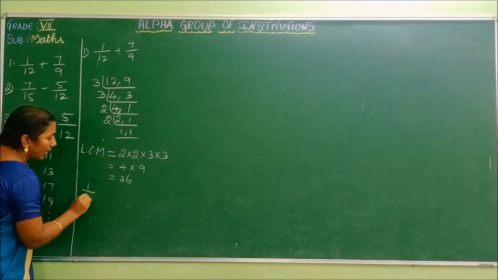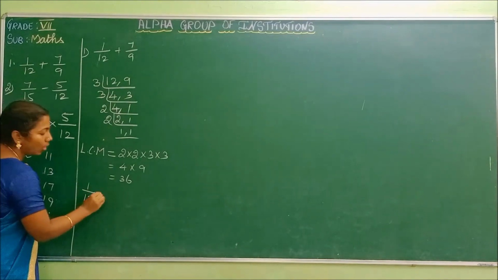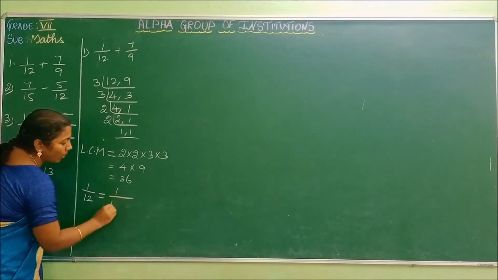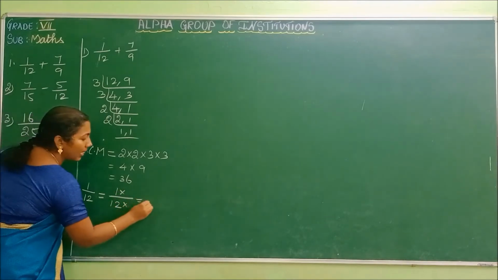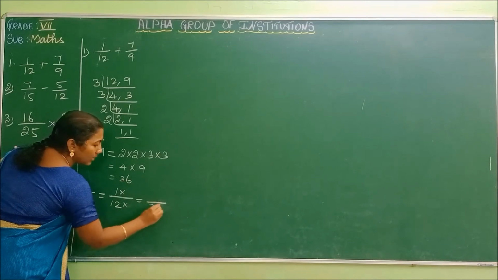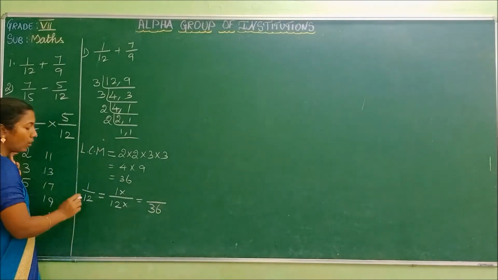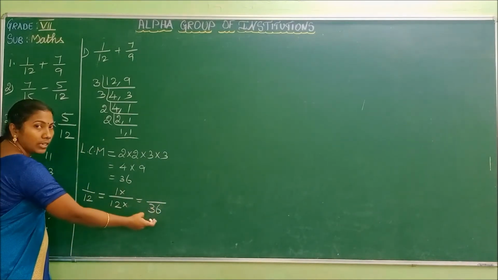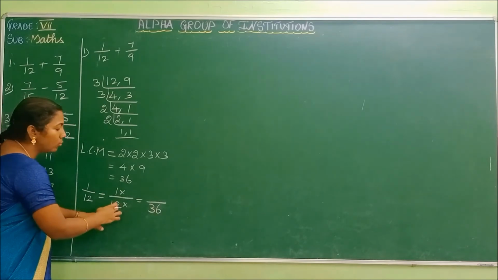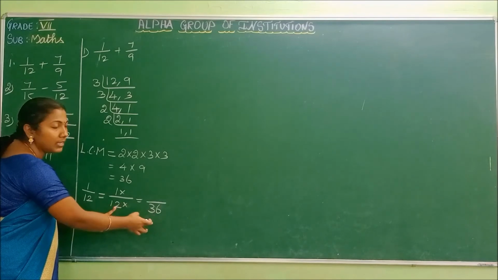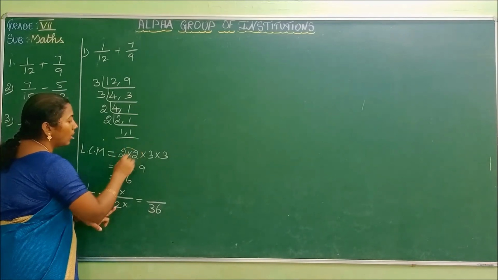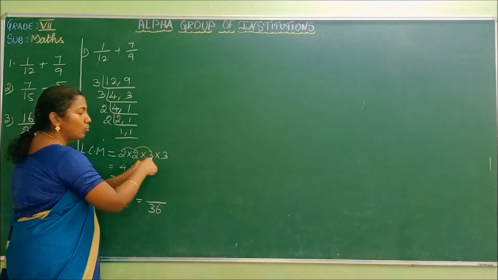First, take the fraction 1 by 12. Now we are going to convert this 1 by 12 into its equivalent fraction having this LCM as its denominator. So we have to convert this 12 into 36. How do you convert 12 into 36? What should be multiplied with 12 to get 36? See here, 2 2s are 4, 4 3s are 12.